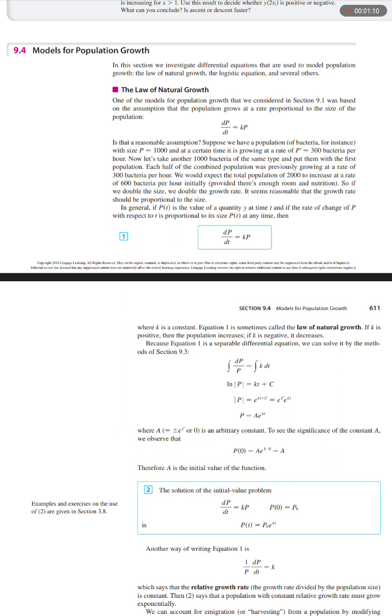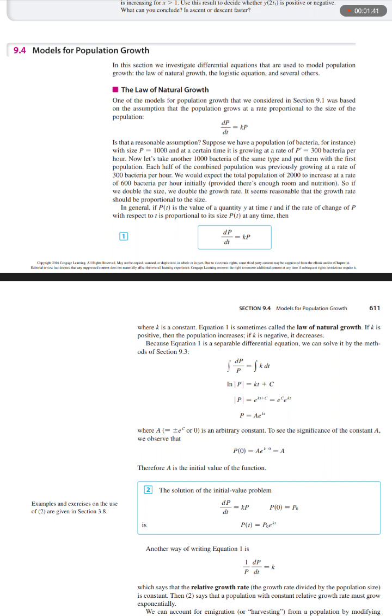Each half of the combined population was previously growing at a rate of 300 bacteria per hour. We would expect the total population of 2,000 to increase at a rate of 600 bacteria per hour initially, provided there's enough room and nutrition. So if we double the size, we double the growth rate. It seems reasonable that the growth rate should be proportional to the size.